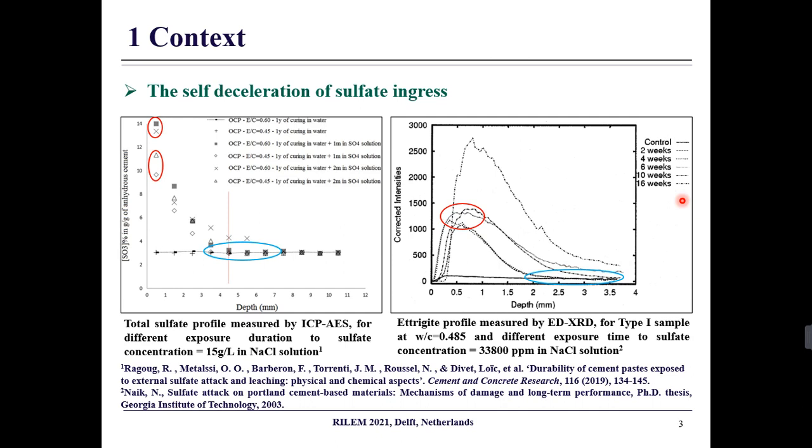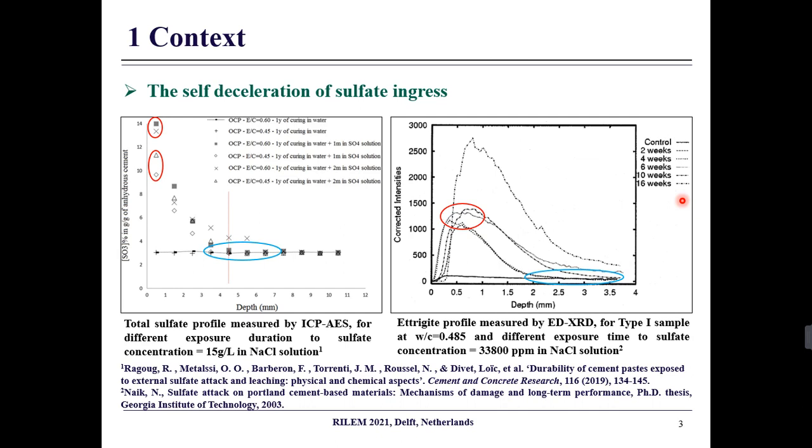The self-deceleration of sulfate increased, just like these two figures show. The total sulfate amount and ettringite amount increased very slowly in the early stage, something like within 2 months during sulfate attack. That is to say, the reaction rate declined.